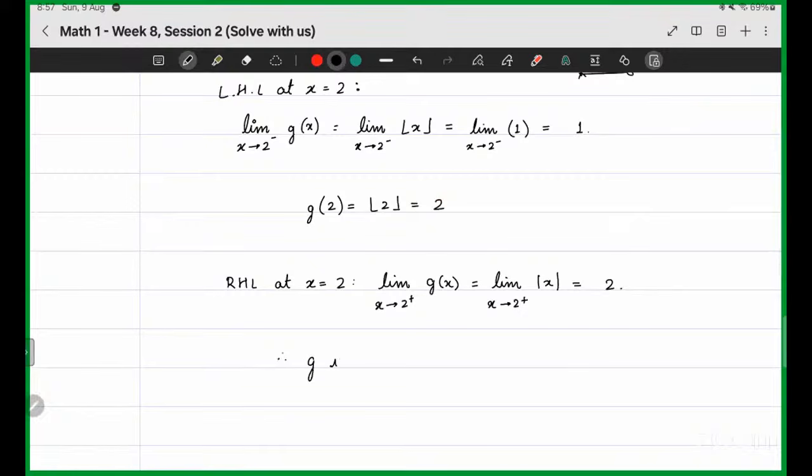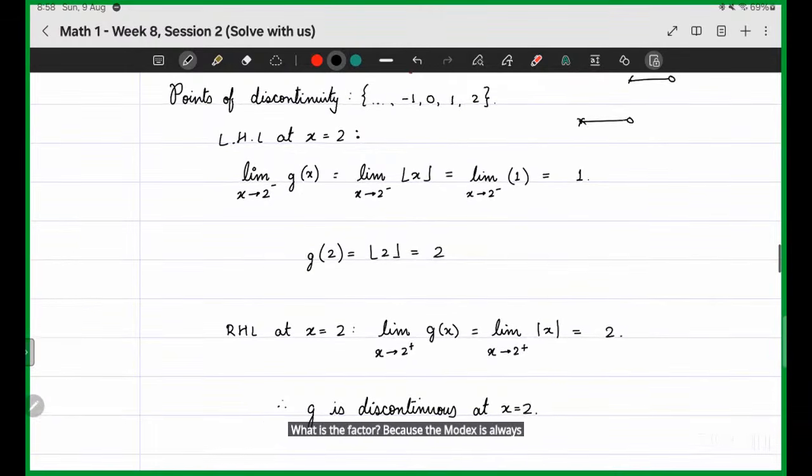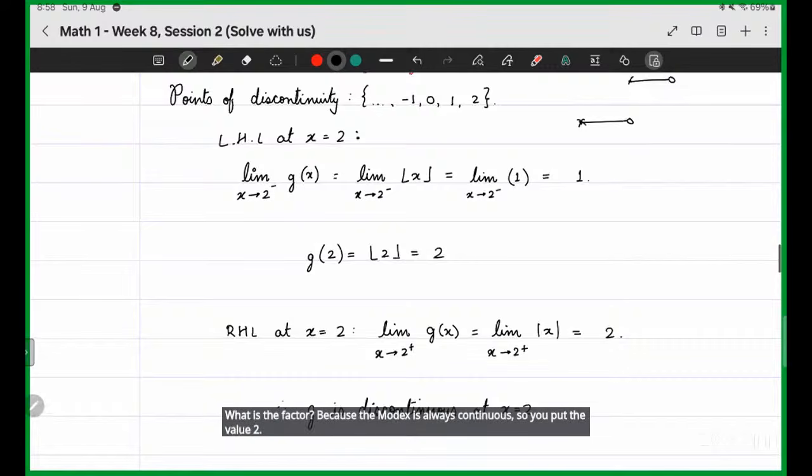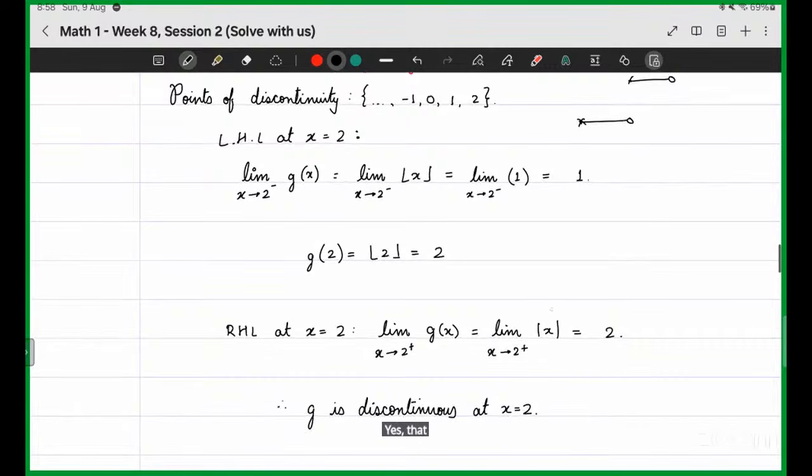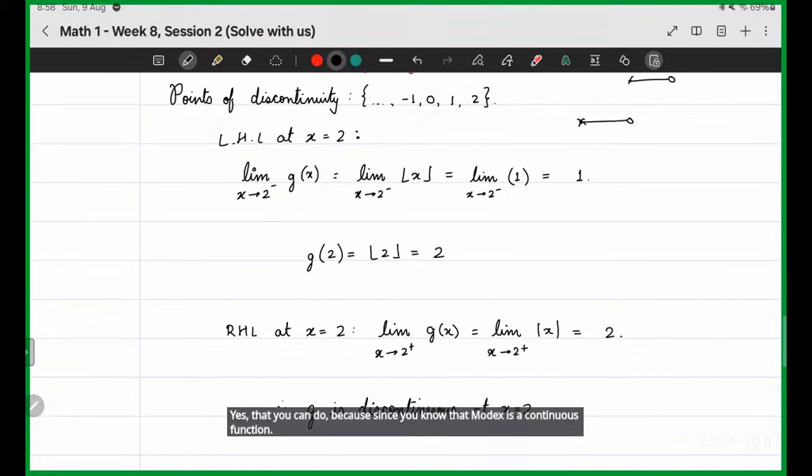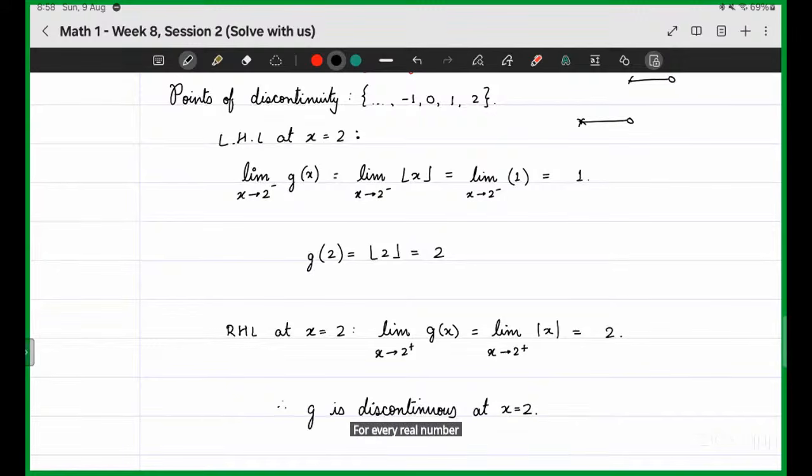Sir, this part, the limit as x tends to 2 plus, and this mod x, what is the factor? Because mod x is always continuous, so you put the value 2. Yes, that you can do, because since you know that mod x is a continuous function, for every real number, the limit will be equal to just the value of the function.